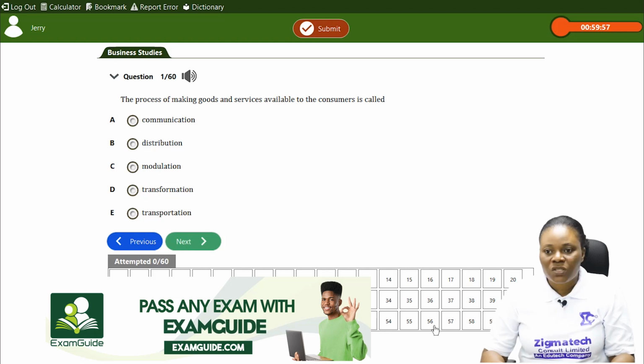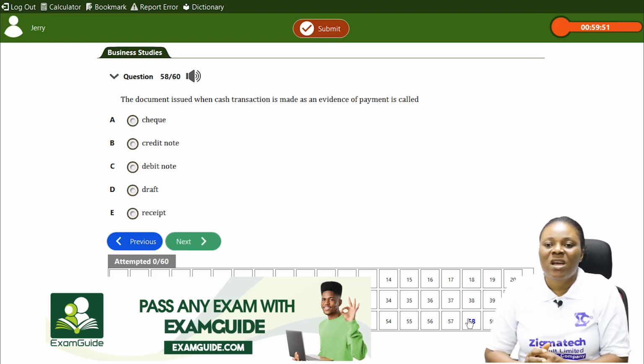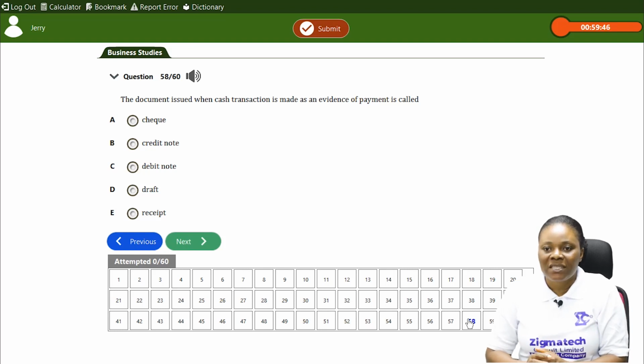Let's take another question. It says the document issued when a cash transaction is made as an evidence of payment is called dash.